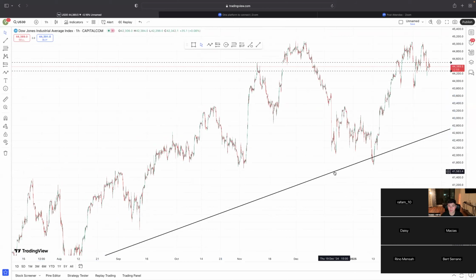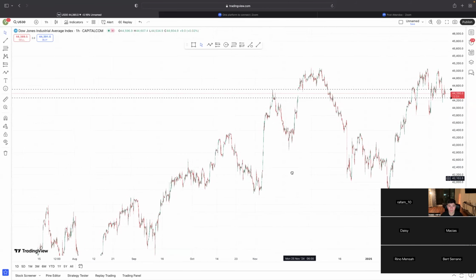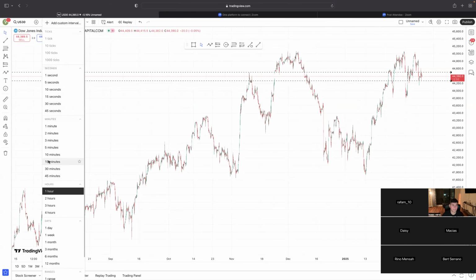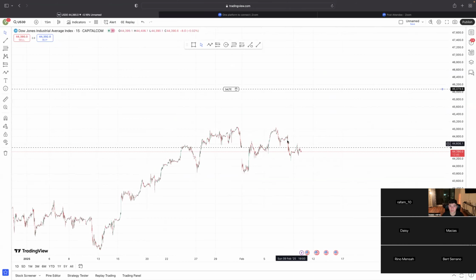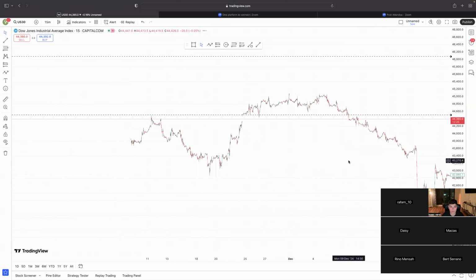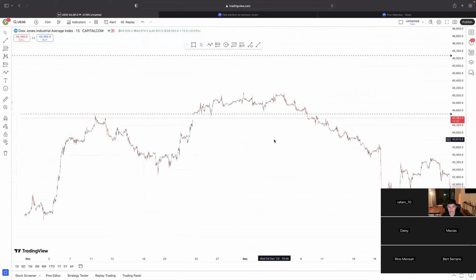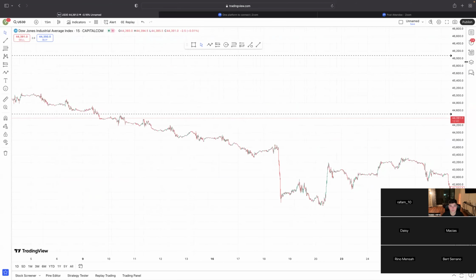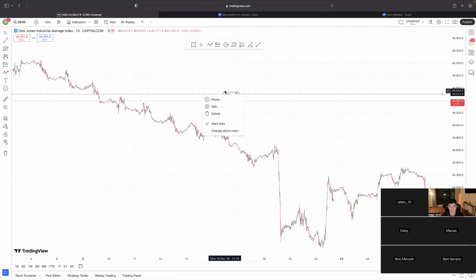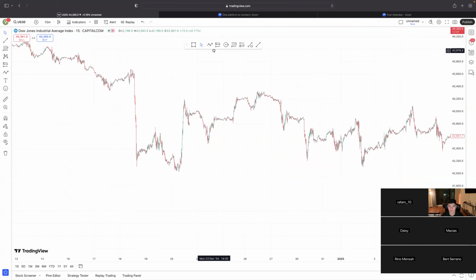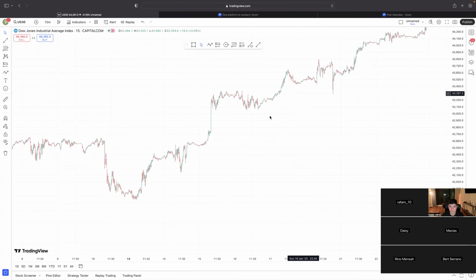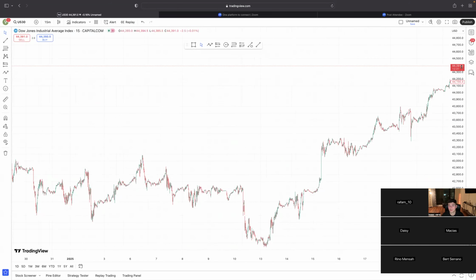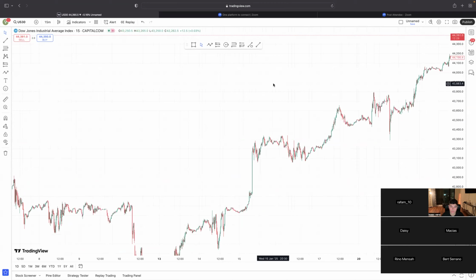Now that we know that we are bullish, I'm going to go to the 15-minute time frame and identify possible trend lines. This is where we were at. I'm just going to go a little farther, right here. Identify possible trend lines in the market.